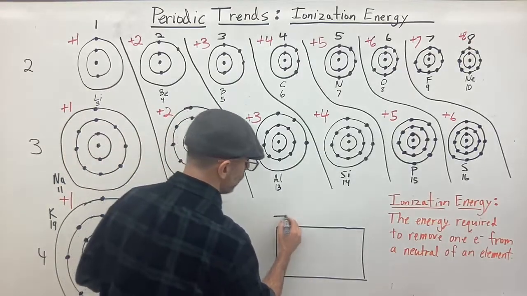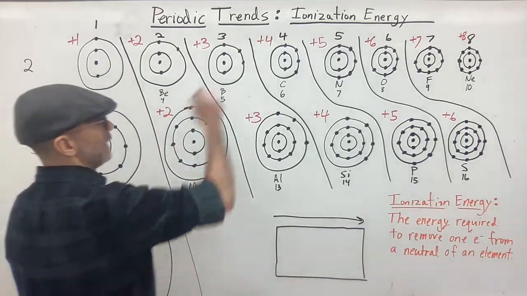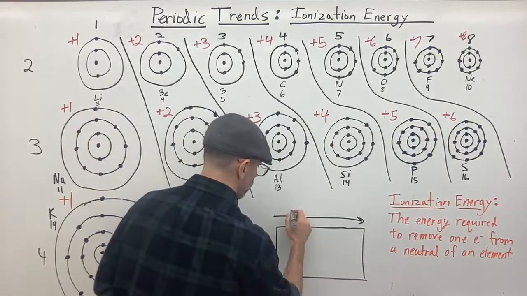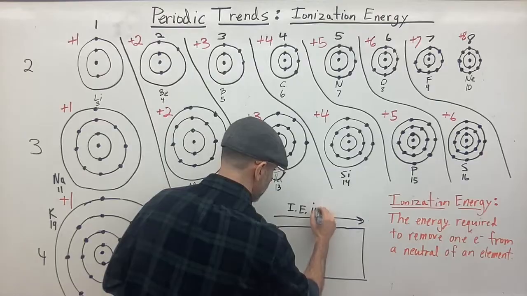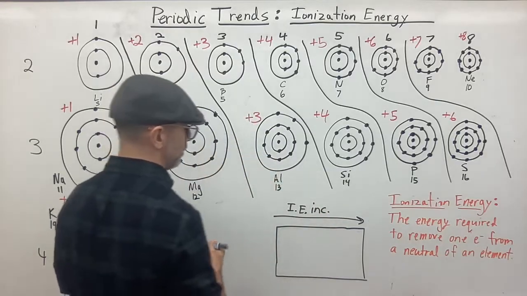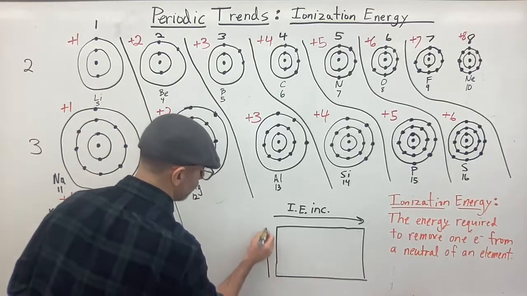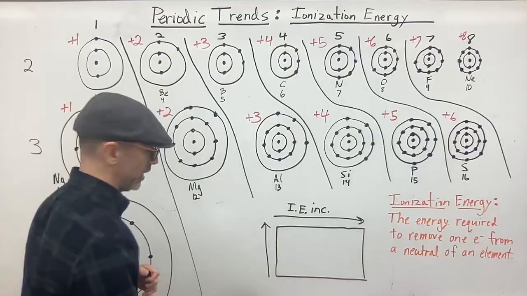So as you are going across the periodic table this way, then ionization energy increases, right? So ionization energy increases going across, and it also increases going up a group, or it decreases going down a group.